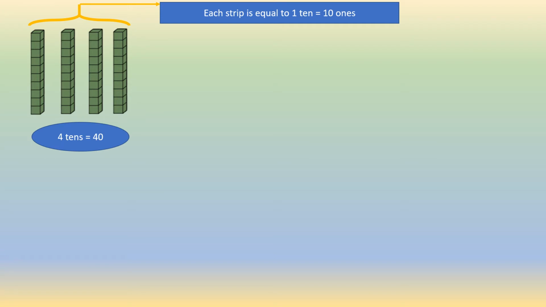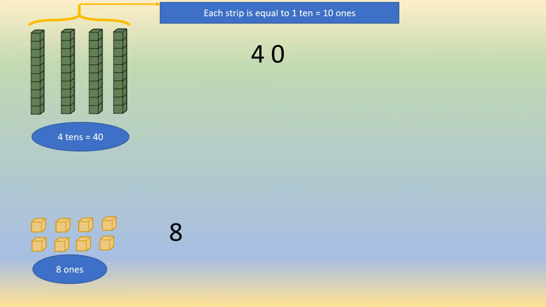So the number shown by this rectangular strip is 40. Now we know that ones are represented by square boxes. So here, how many ones are there? 8 ones. And the number will be 8. Now we are going to add these two numbers.